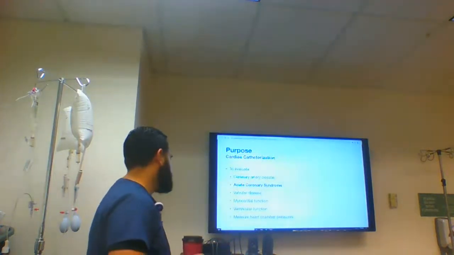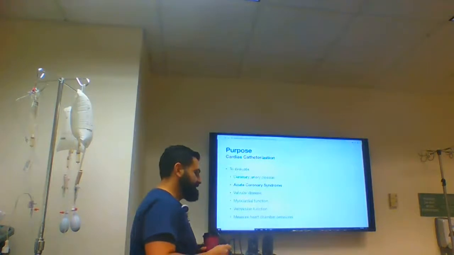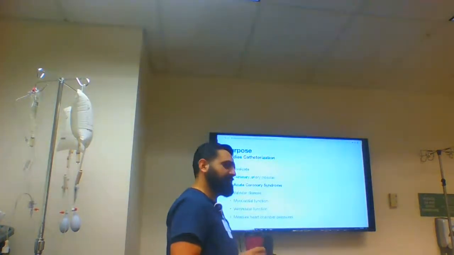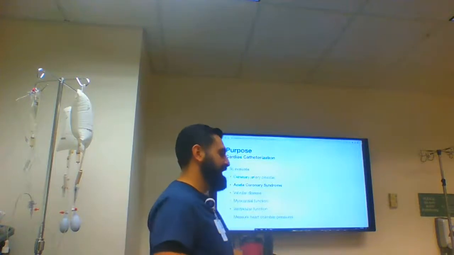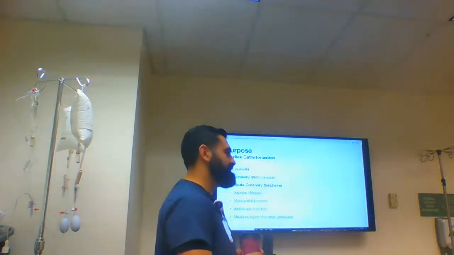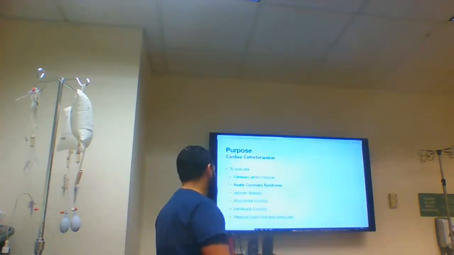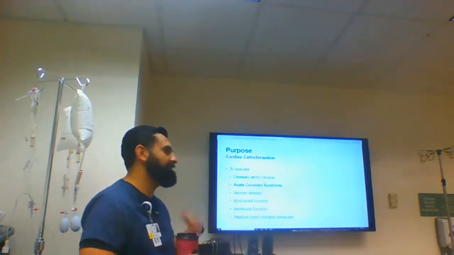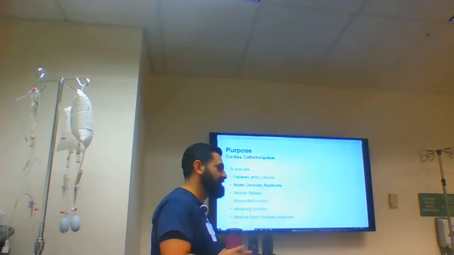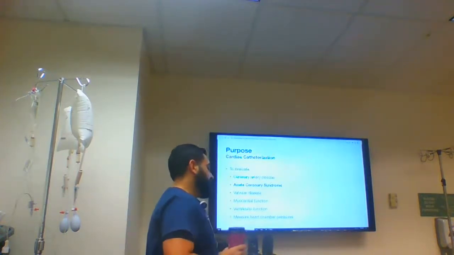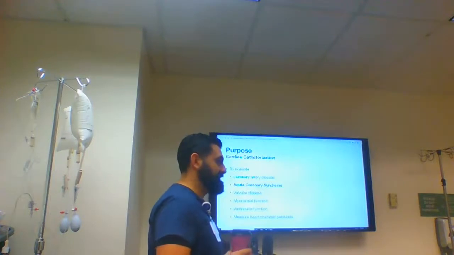Myocardial function, of course, ventricular function. Sometimes when you get a heart cath, the doctor will check the left coronary, he'll check the right coronary, and then he'll go into the LV, inject his contrast, and do what's called the ventriculogram, and we're able to get the EF through there. But not always. Not every single heart cath is going to have an LV gram.